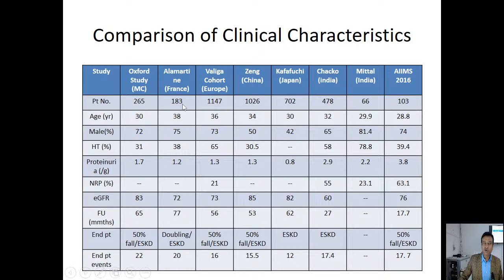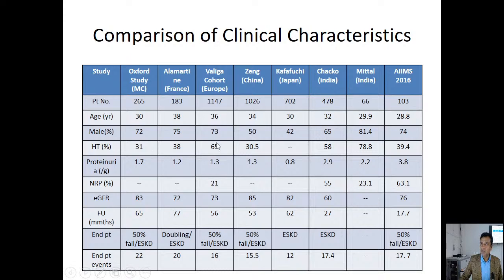There are two important European cohorts from Italy and from France, which have 183, and a pan-European cohort of around 1100 patients. The mean age is slightly higher than what we have from the other centers, from the Oxford cohort and from the Japanese cohort, that is around 38 and 36. Again, predominantly male patients.